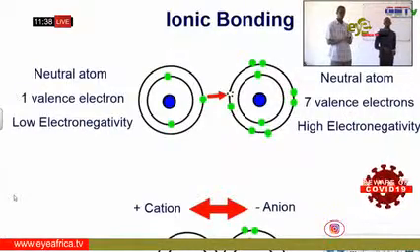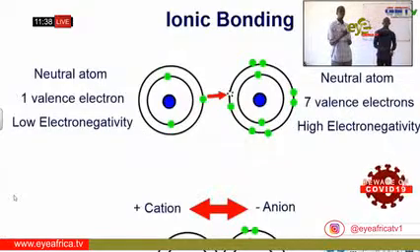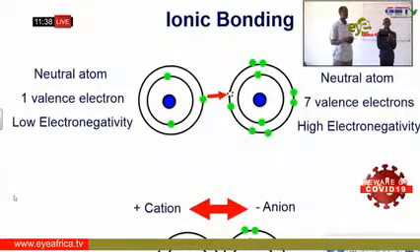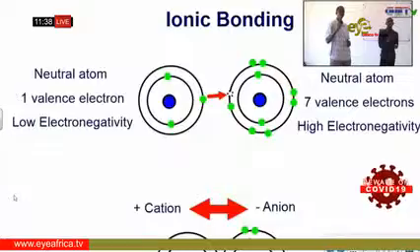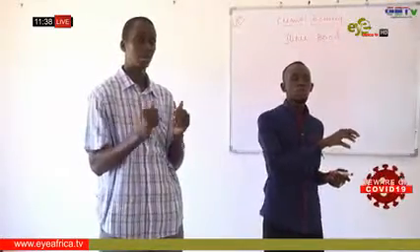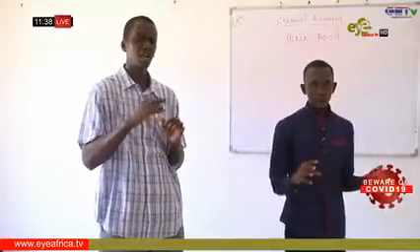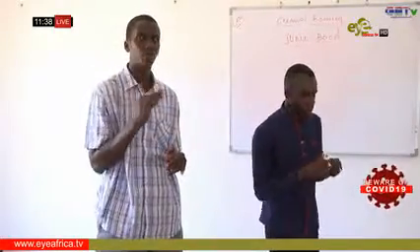Now the next atom also is a neutral atom with 7 valence electrons with high electronegativity value. Now these two, they will be what? Easy attraction, because the atom with the high electronegativity value will tend to attract the electron from the atom which has low electronegativity value, and this will result in the formation of an ionic compound.